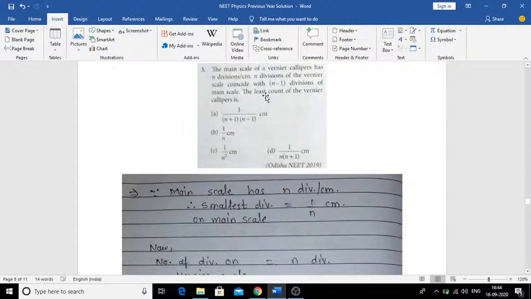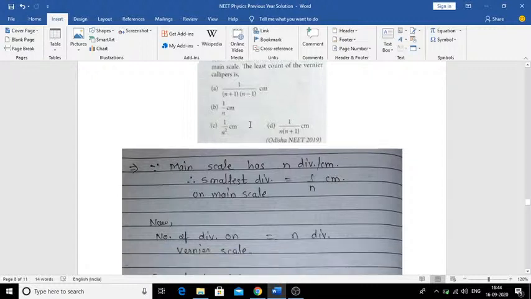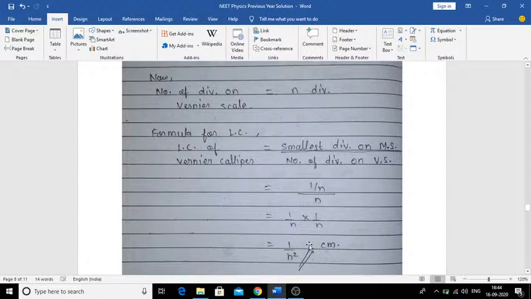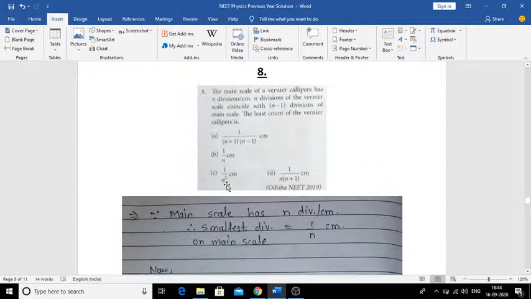So now you can write the least count of the vernier caliper as the smallest division on the main scale divided by the number of divisions on the vernier scale, and this will give you 1 upon n, the whole thing divided by n. Now this n will go to the numerator from the denominator, and this will give you 1 upon n square. So your right option will be option C.